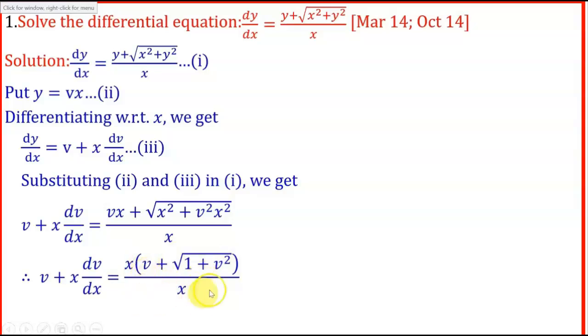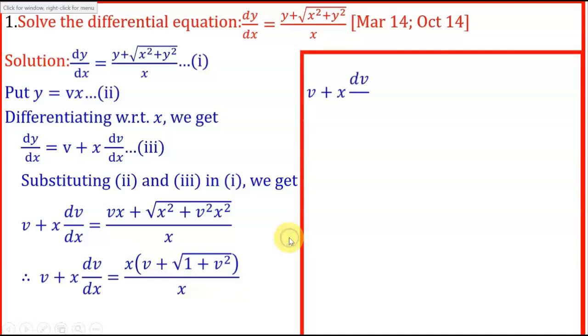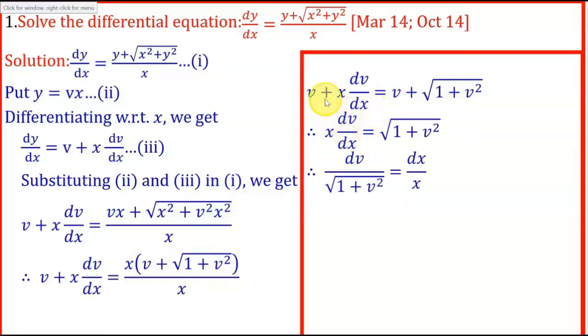Here x gets cancelled. Therefore, you will get v plus x into dv by dx is equal to v plus root of 1 plus v square. Now next, on both sides, v gets cancelled. You will get x into dv by dx is equal to root of 1 plus v square.